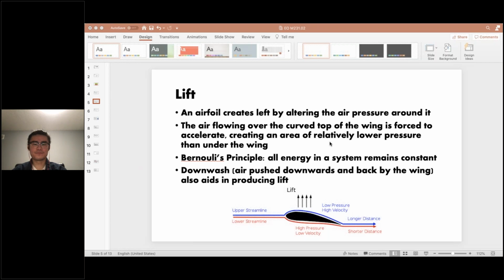Essentially, it says if air, or water, but let's say air because we're talking about airplanes, if air is traveling fast, it's going to create a lower pressure system. And if air is traveling slower, it's going to create a higher pressure system.